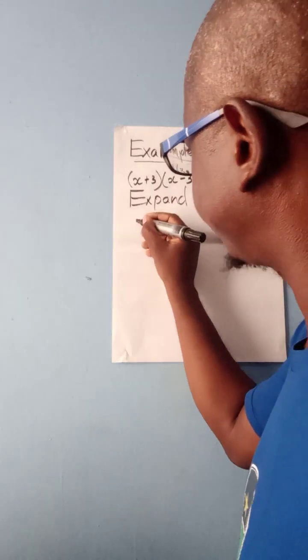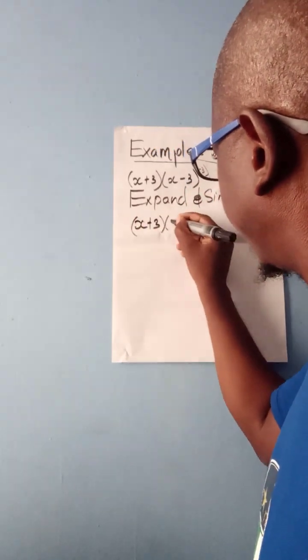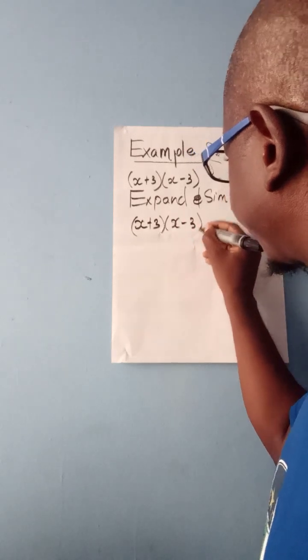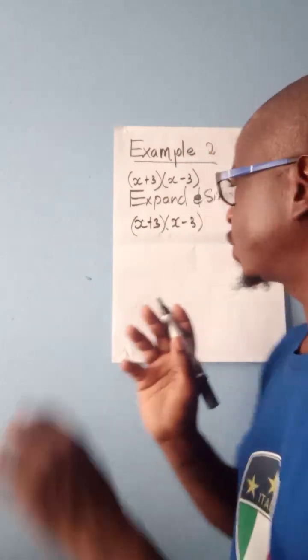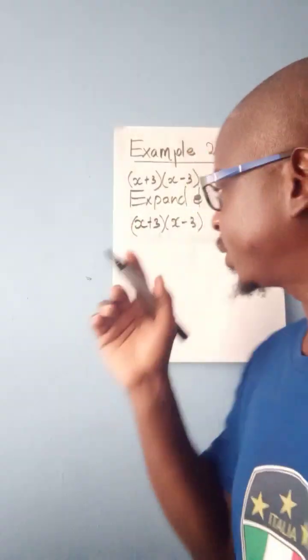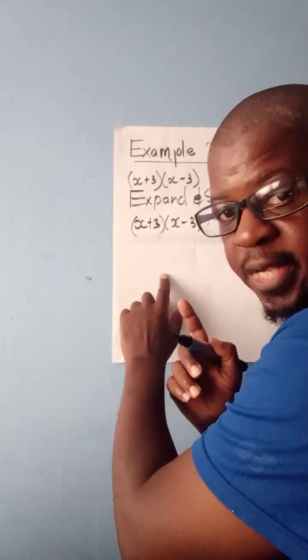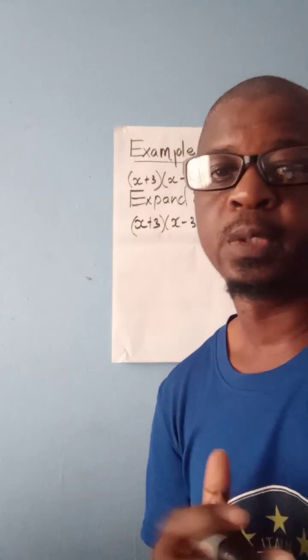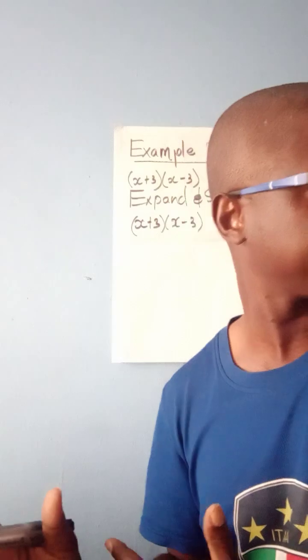So how do we simplify this one? We have x plus 3, x minus 3. Now, we know that when we have a difference of two squares, the shortcut method is just to take this x squared and the 3 squared. Boom, we have x squared minus 9.